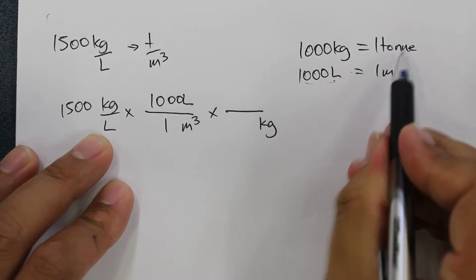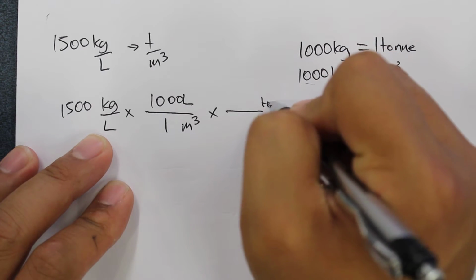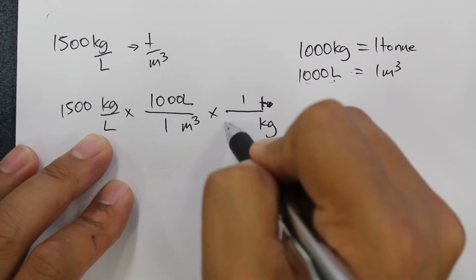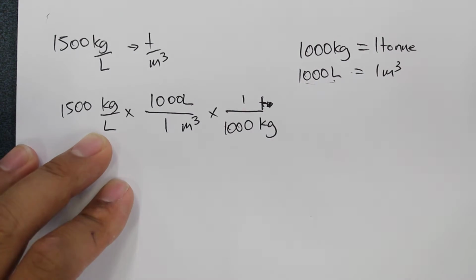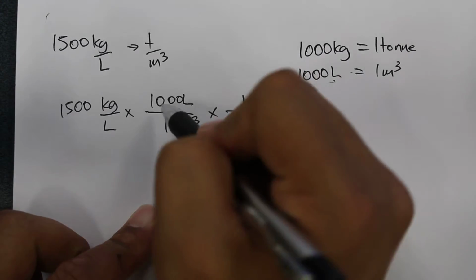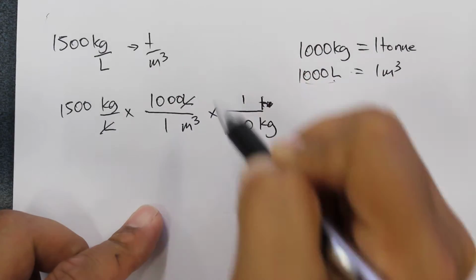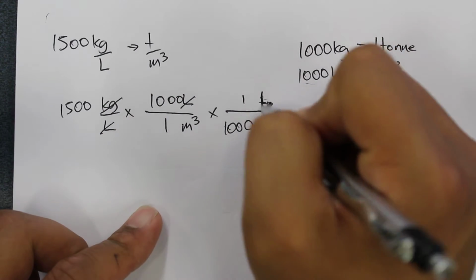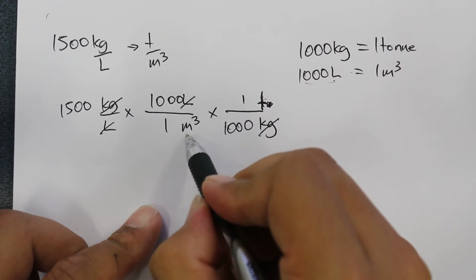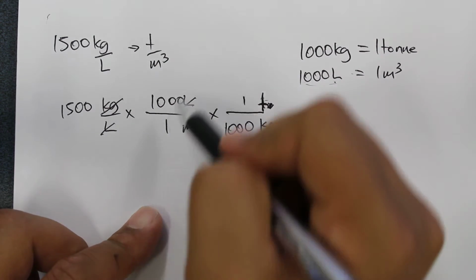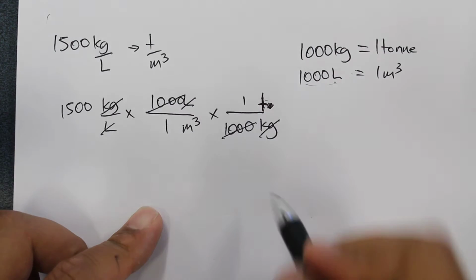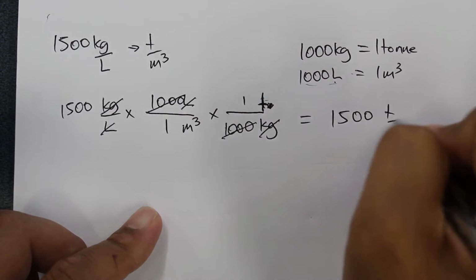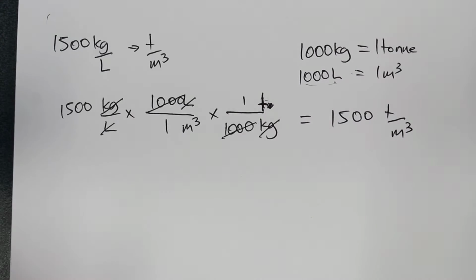We want to change that into the ton. So the ton unit on the top, let's use T. And we know that there is 1 ton and then 1,000 kgs in that ton. So here we can cancel the litre units, the kg unit. So we get left with tons divided by meters cubed in our units. We can cancel 1,000 and 1,000, and we get left here with 1,500 tons per meter cubed.